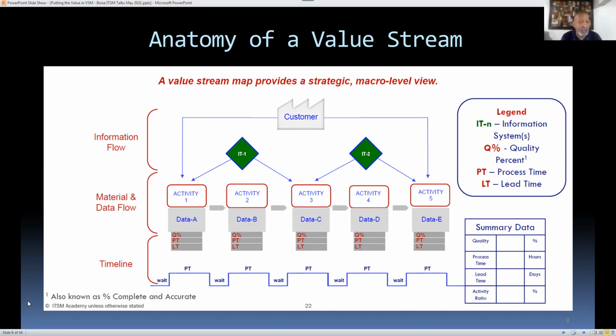So if you look at that summary of data box in the bottom right-hand corner of that deal, I could tell you that, for instance, when I add up activities 1 through 5, in total, that might only take me, let's say, 5 working days to complete. But in our current state, which is what a value stream, when you first look at it, is supposed to represent, it might have taken me a week's worth of work, might have taken me 4.5 weeks to complete.